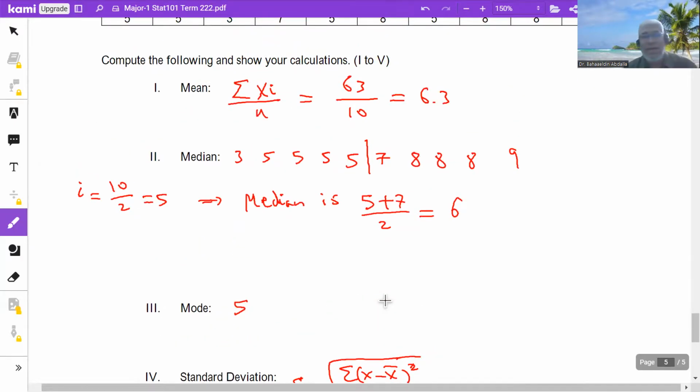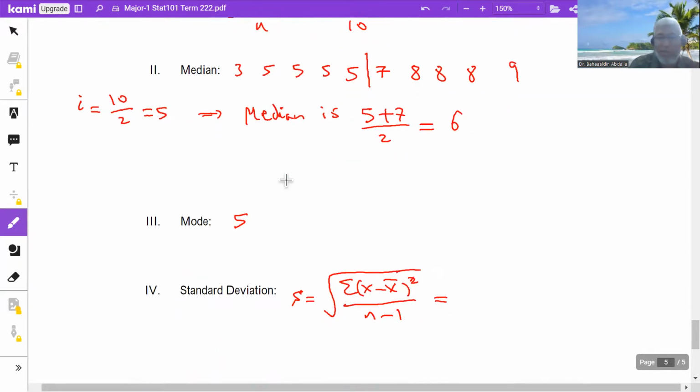You can 3 minus 6.3 squared plus 5 minus 6.3 squared. And since you have 4 5s, you can multiply this by 4. Then plus 7 minus 6.3 squared, then 8 minus 6.3 squared multiplied by 3 because I have 3 8s, then 9 minus 6.3 squared.